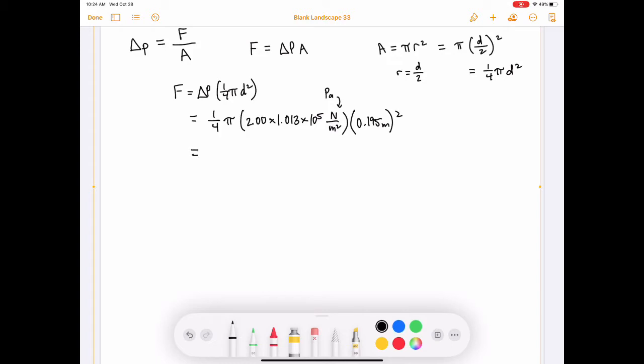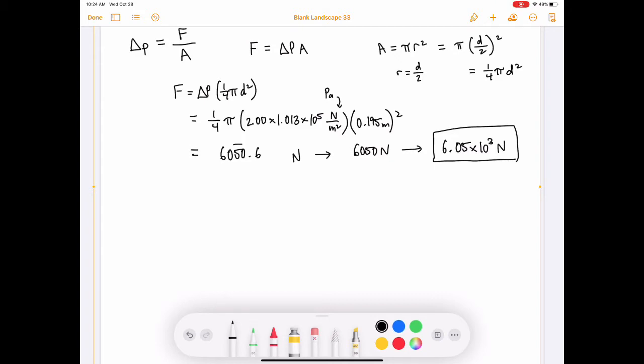So we can see that the units are coming out in newtons. And what you get is 6,050.6 newtons. Keeping 3 sig figs gives us 6,050 newtons, or in scientific notation, 6.05 times 10 to the 3 newtons. Okay, so that's how much force, in this case, you would need to apply.